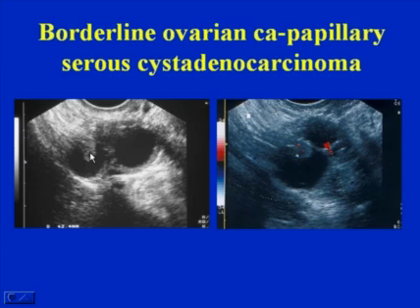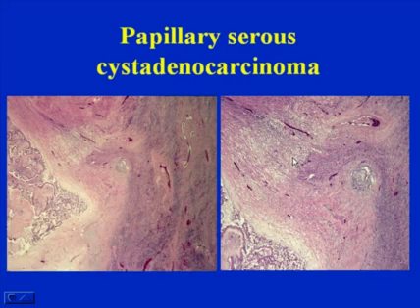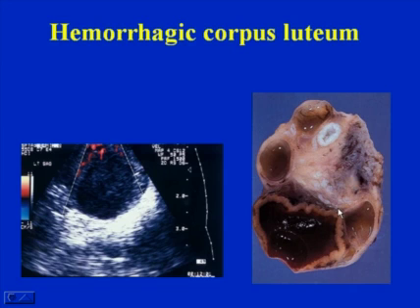Now, most of the time papillary excrescences are associated with malignancy or borderline tumors, and we can see blood vessels in the papillary excrescence, which histologically conforms to this on low power and on high power as areas of vascular infiltration by this papillary cancer.